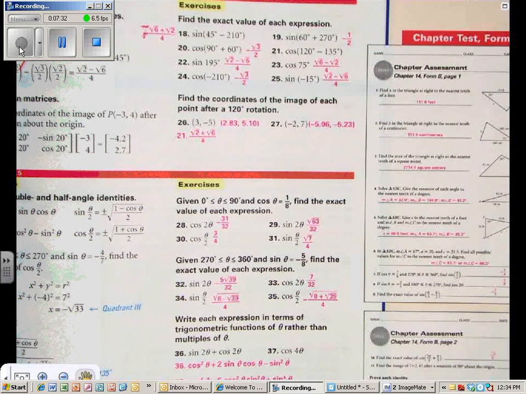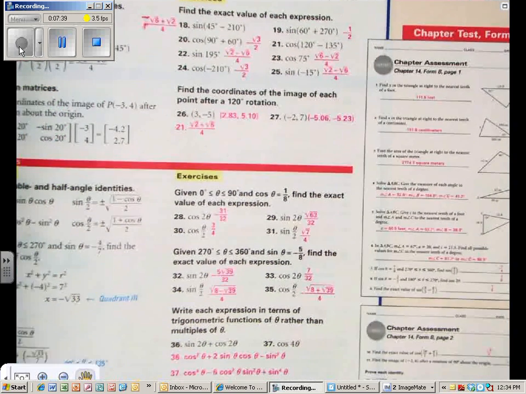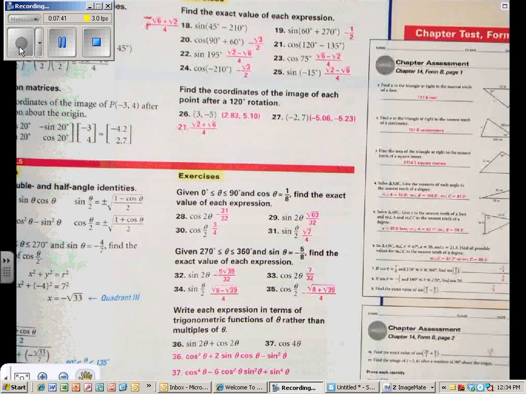All right, here's the answers to problems 18 through 37. How long do you think I should leave that on the website? Briefly, so you can just pause it? Would that work for you? Yeah.